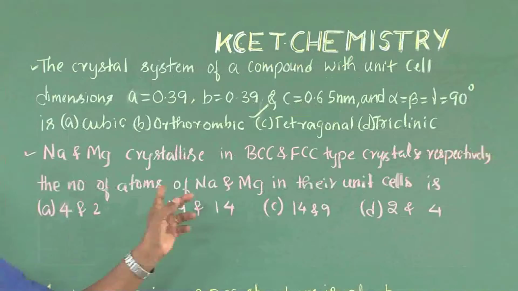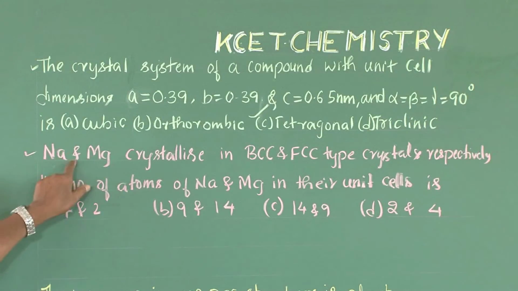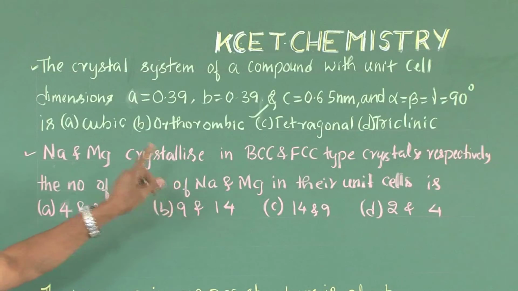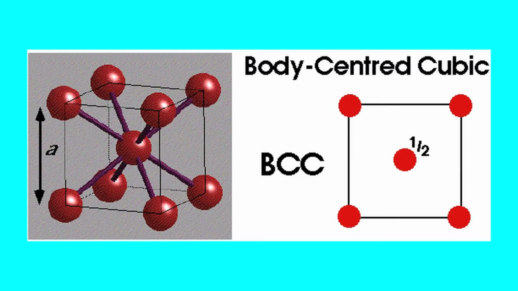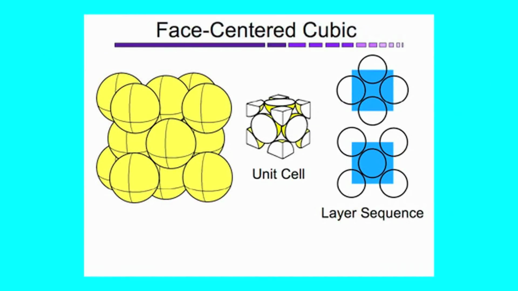Then we come to next question. Sodium and magnesium crystallize in BCC and FCC type crystals. So what is the BCC and what is the FCC? BCC is the short form for body-centered cubic lattice, and FCC is the short form for face-centered cubic lattice.